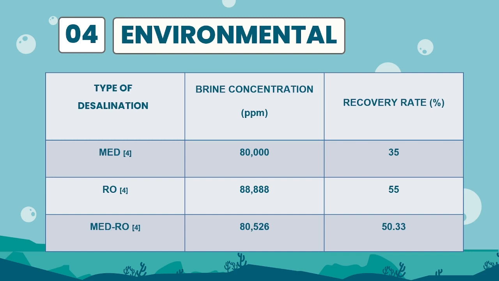Once again, you can see that there's a direct correlation between the brine concentration and the recovery rate. The reasoning behind why RO has such a high recovery rate and also a high concentration is that more fresh water is being pushed out and produced in the RO system, which leads to the concentration of the salt being higher for RO.